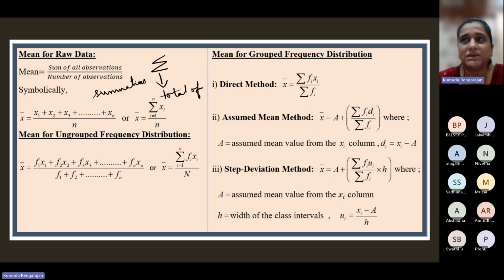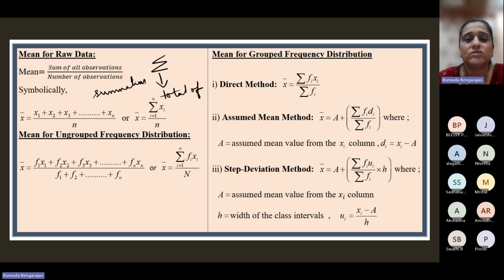In the question, we'll be given two columns, class intervals and frequency. Now to find mean, we have to generate a column with a heading X. Now in that X column, what values to write? You should write the mid value of every class interval given in the question.